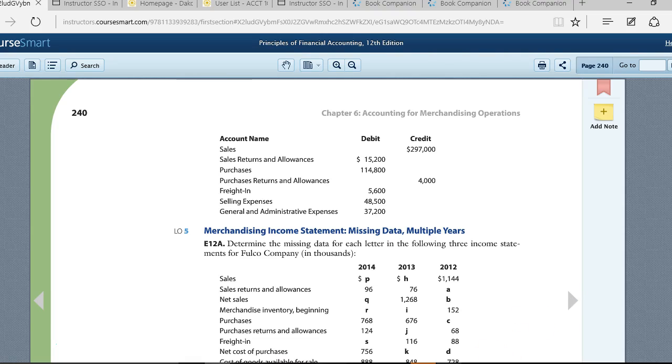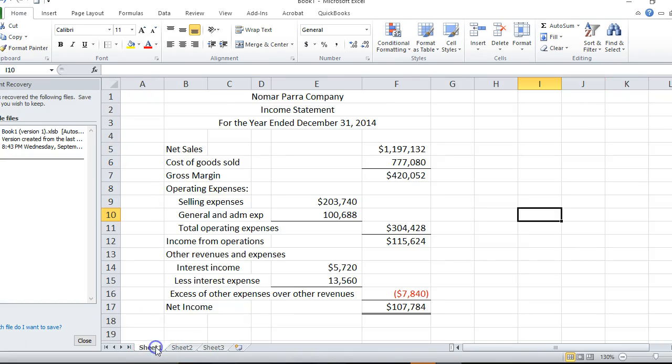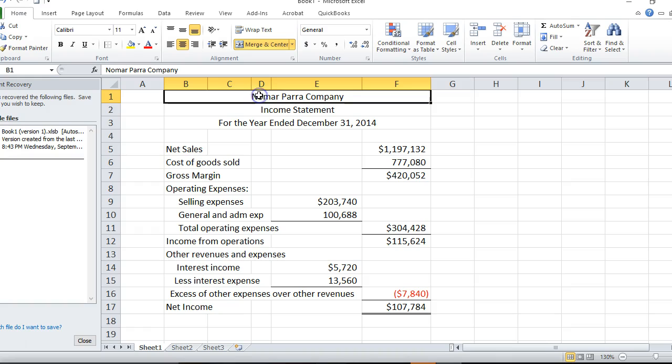So what we're going to do is we're going to go back to our income statement. This one was created just showing cost of goods sold under the perpetual method. We're going to do E11A, and we've got Proof General Store, income statement for the year ended December 31st, 2014.